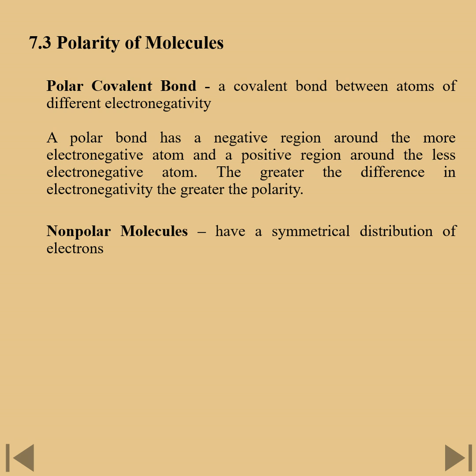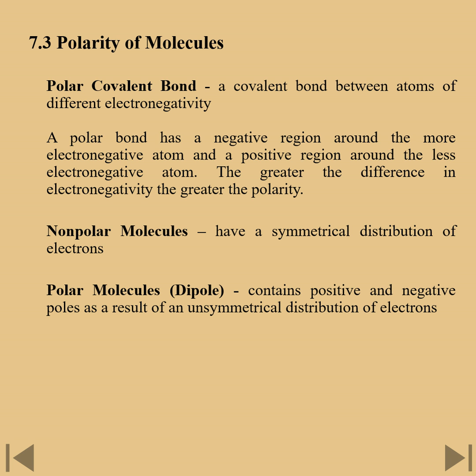Okay, so this leads right into what I just said. If you have a symmetric distribution of electrons around your central element, you have a non-polar molecule. Even if you have very polar bonds, you still have a non-polar molecule. Now we have polar molecules, sometimes called dipoles, when we do have this asymmetric distribution of electrons around the central element.